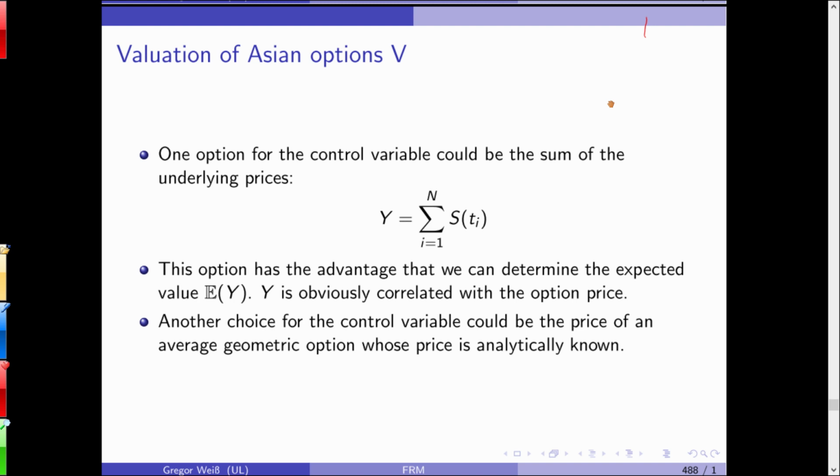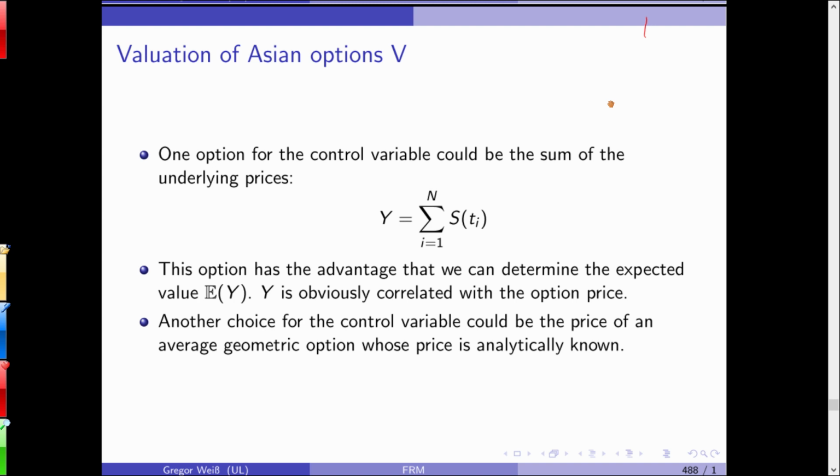So we could choose y equal to the sum of the underlying prices. And this choice has the advantage that we can determine the expected value of y. Y is obviously correlated with the option price, because in the case of the arithmetic Asian option, the payout was just the average stock price minus the strike, or 0.